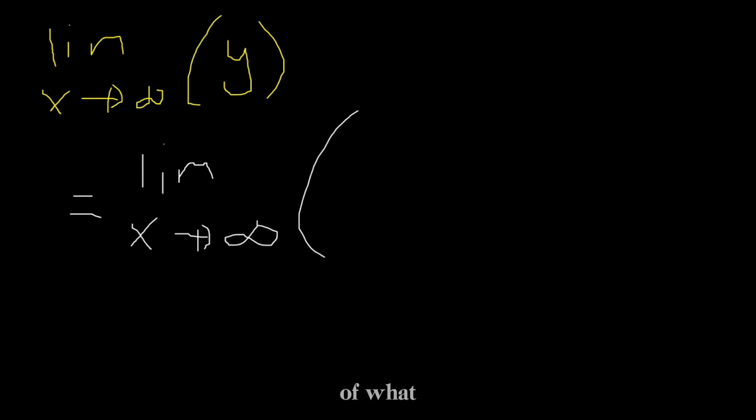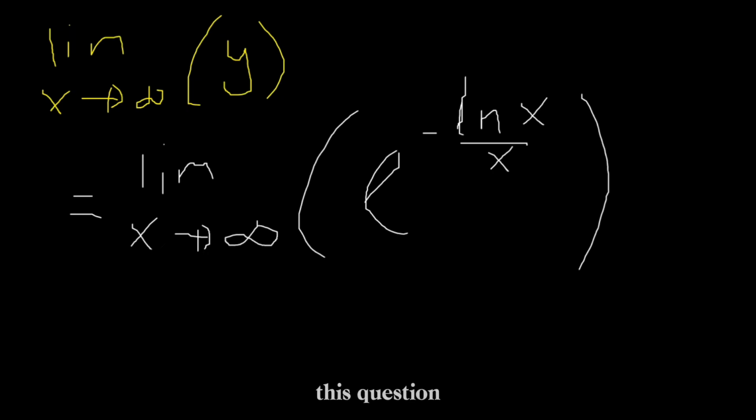Therefore, we can substitute back. That will be equal to the limit as x tends to infinity of e to the negative ln x all over x. Looking at this question, e is a constant, because no matter what, the value of x will not affect how e will function.